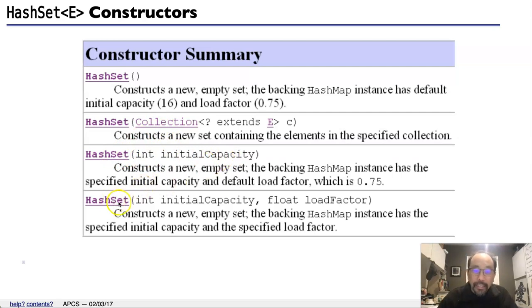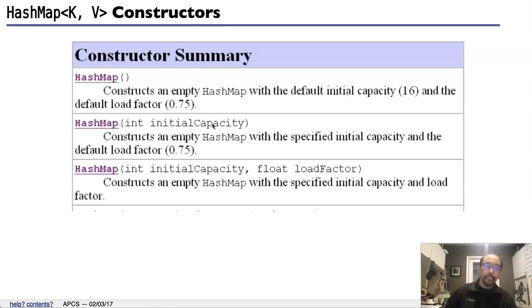You can make a hash set that has an initial capacity as well as some other load factor that you're okay with. And you could also feed the hash set with any sort of initial collection, and it'll then turn that collection into a hash set. Hash maps, same idea. You can have 3 different kinds of constructors to initialize your hash map.